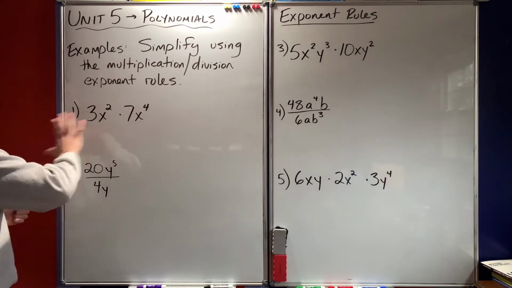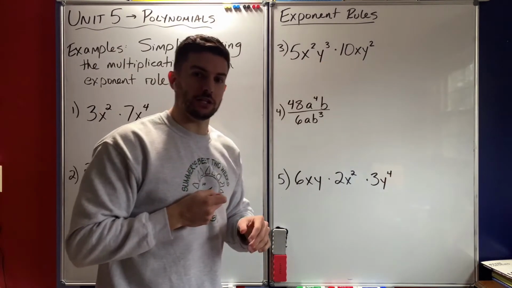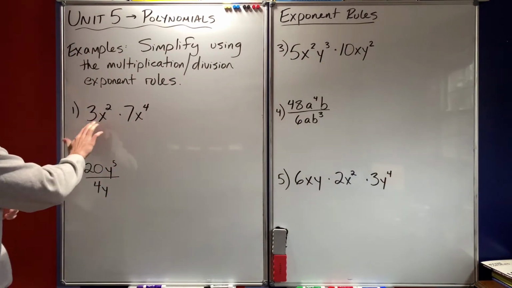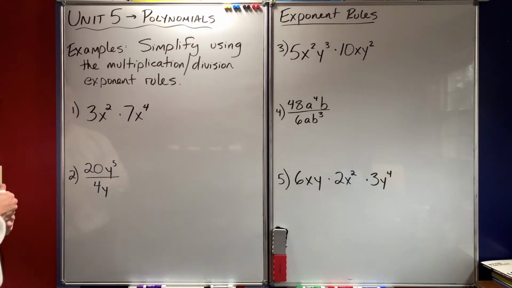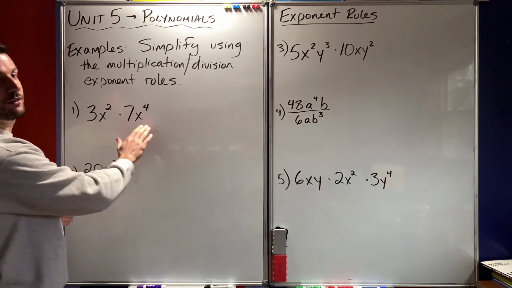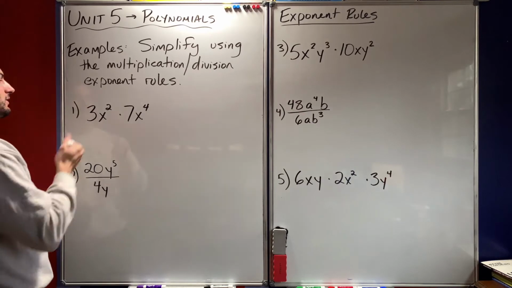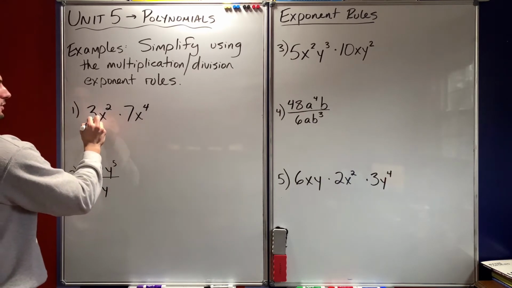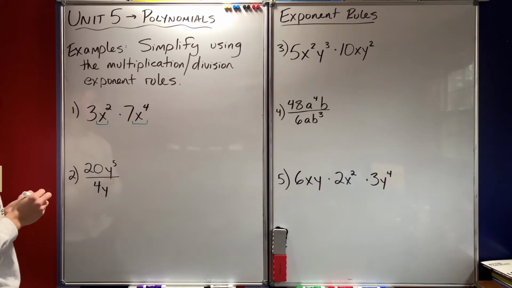Okay. Now, with all these, you'll see that I've added coefficients, right? I've added these numbers out in front of the variable. So we're going to talk about how we deal with those as well. Okay. So looking at number 1 here, they're saying 3x squared times 7x to the 4th. So if we're going with what we learned right now, let's ignore those coefficients and let's just think x squared times x to the 4th.